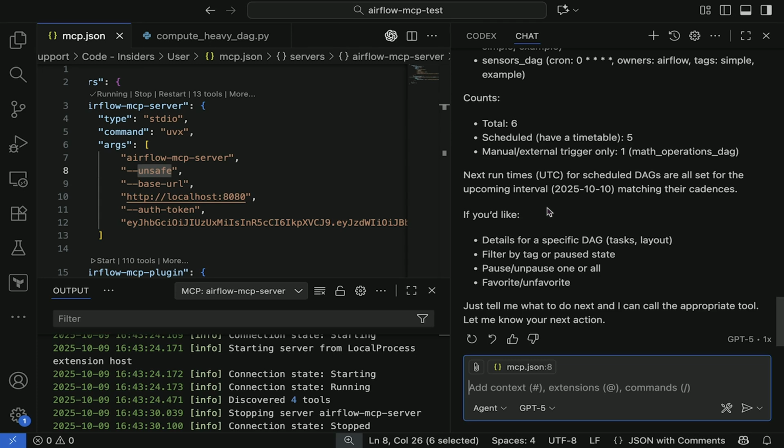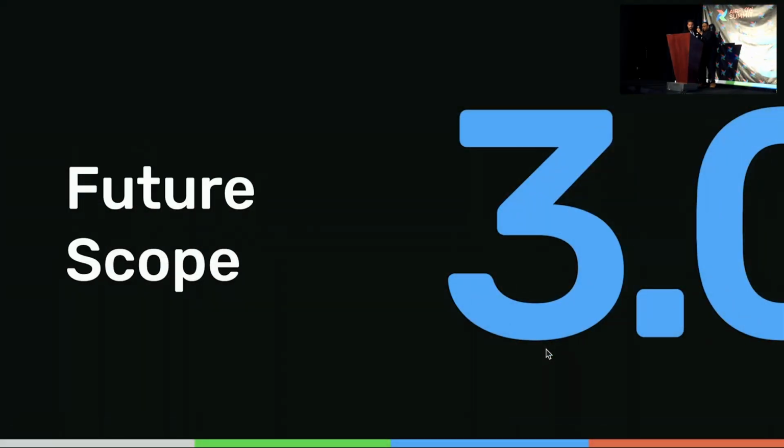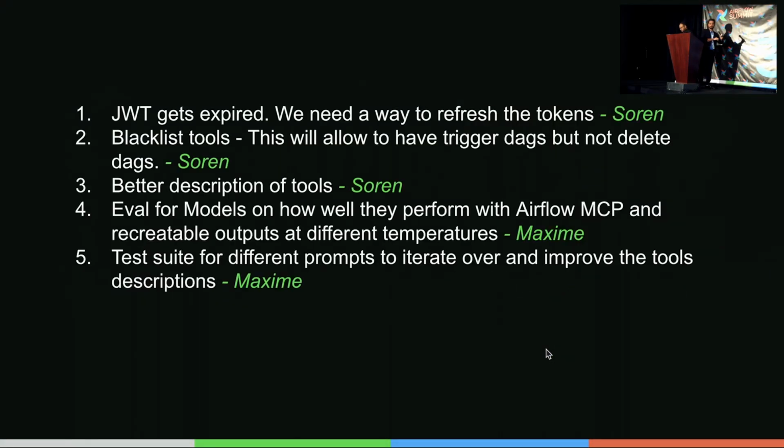All right, so we'll just cover a few set of scope. We got a few good recommendations from Soren that we are currently using JWT, which gets expired. We need a better way. Also, we need blacklisting of a few tools, say delete tags or something like that, which we would never want it to run. We do need better descriptions of tools.